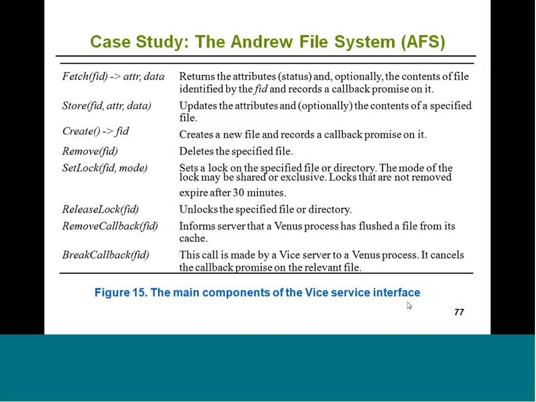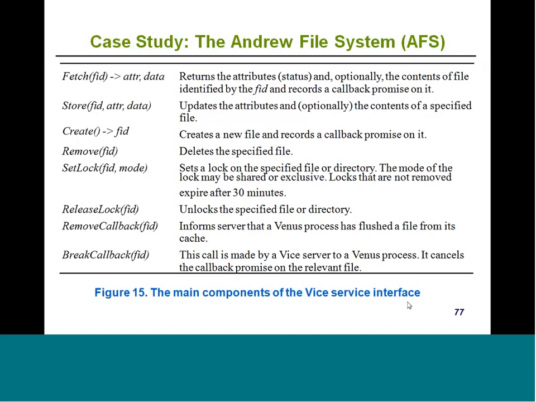This sets the lock on the specified file, and the mode of the lock may be shared or exclusive. The locks that are not removed will expire after 30 minutes. And release lock, again with the file ID, unlocks the specified file or directory.